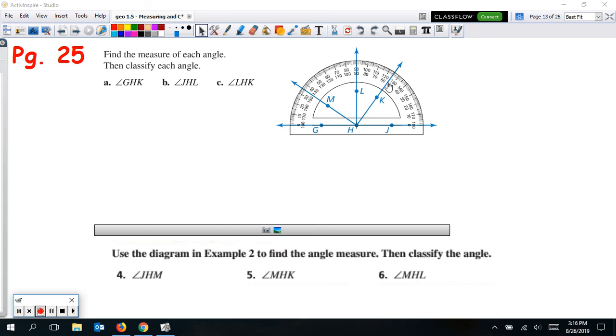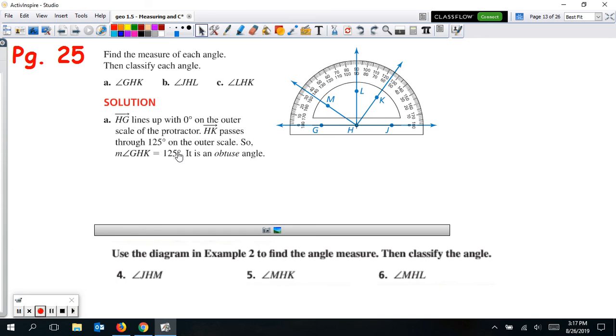That's going to be somewhere between 120 and 130. Looks like pretty close to 125 on that one. I mean, it could maybe be 124, but I think it's 125. Yep, it is 125 exactly. And so we would call that obtuse because it is more than 90. J, H, and L. So J is over here, and then we've got H, and then L.